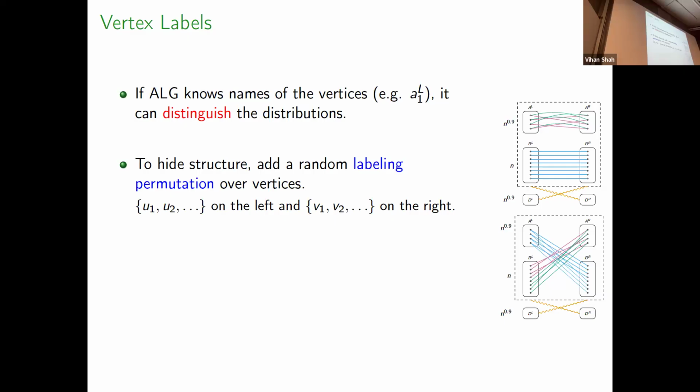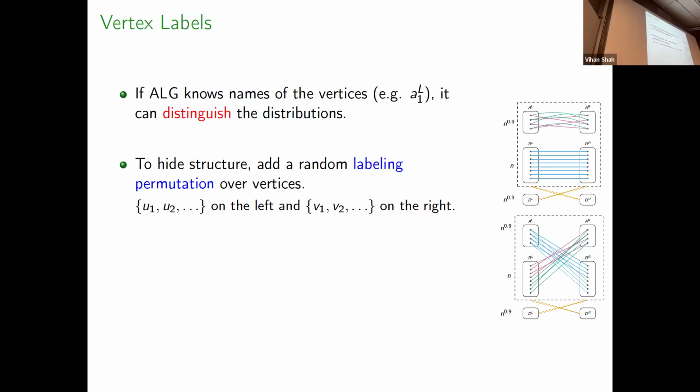Not 0, 1. This is not a matrix where you can just say whether the edge is there. What I ask for is what the ith neighbor actually is. So what the algorithm will see is that there are these vertices called U1, U2, and so on, and V1, V2, and so on on the right. This is what the algorithm sees.